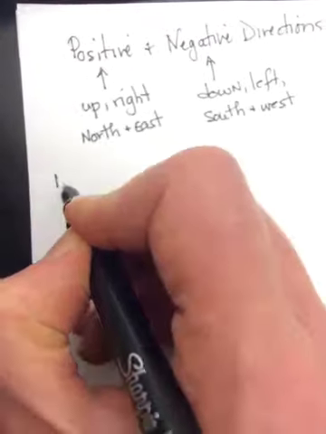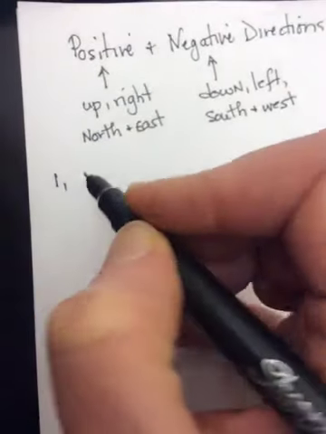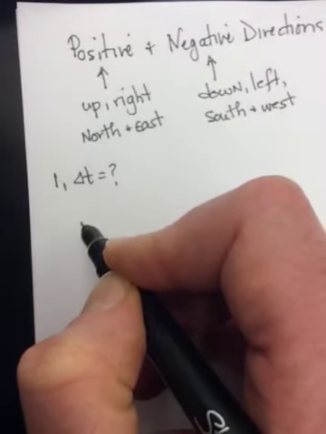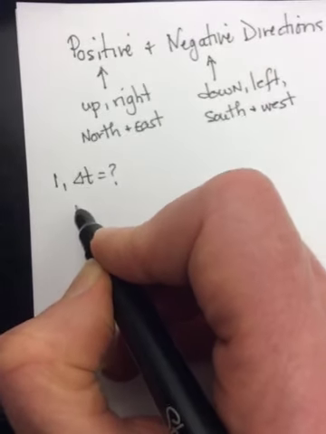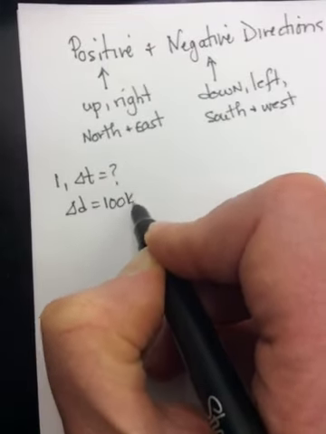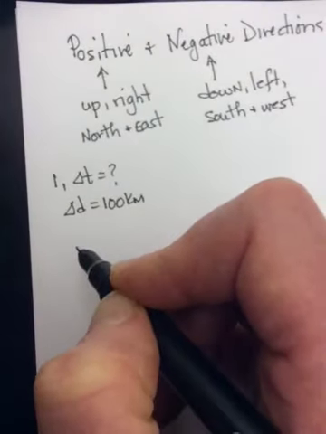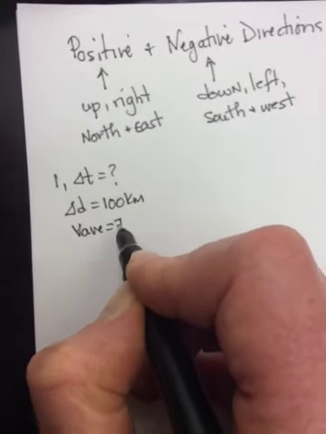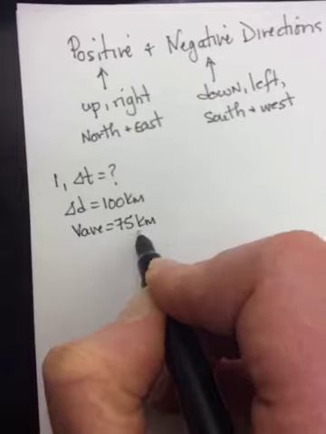All right, so number 1 says, determine the time. So I'm looking for delta t. Determine the time required for an object to travel a distance of 100 kilometers. So my delta d is 100 kilometers. At a speed of 75 kilometers per hour. That's my v-av, 75 kilometers per hour.